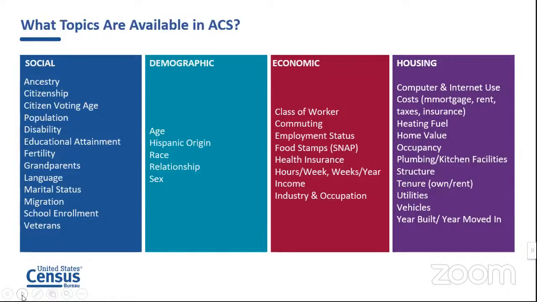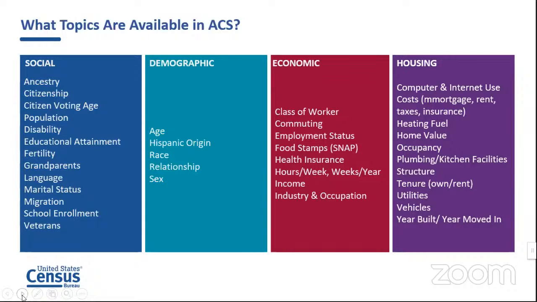Demographic is basic. These questions are asked of all of our censuses and surveys. And economic, another source of rich information of your community or your service area, because you can look at the class of worker that resides there, the employment status, employed or unemployed, part-time, full-time, multiple jobs, food stamps, those that are receiving some form of aid, health insurance, big topic.